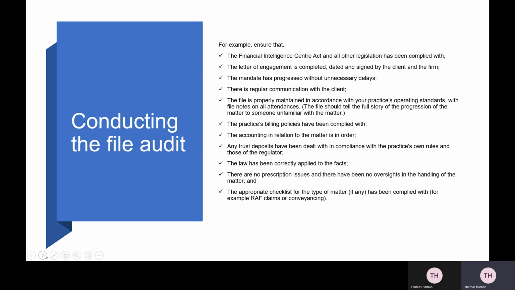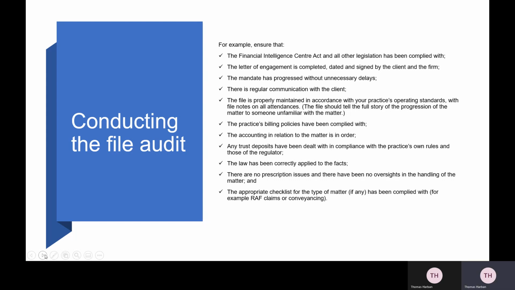Also, insofar as the output is concerned, or the quality of that output, check that the law has been applied correctly to the facts, and that the service that is being provided to the client is of the appropriate quality.